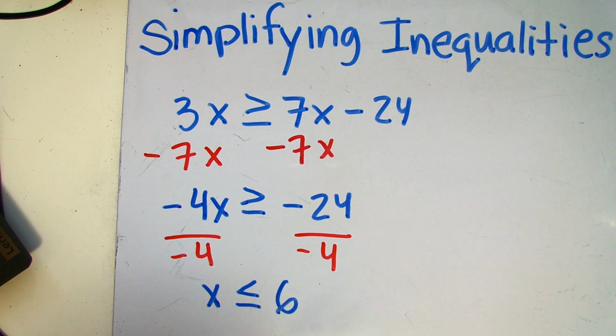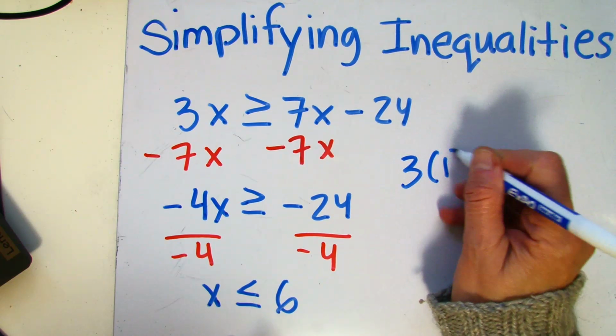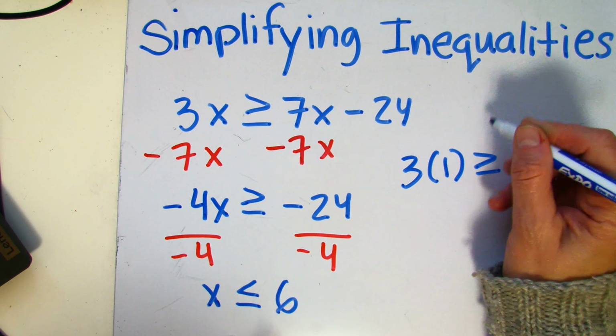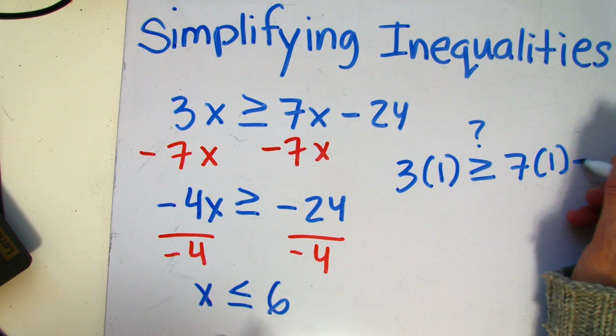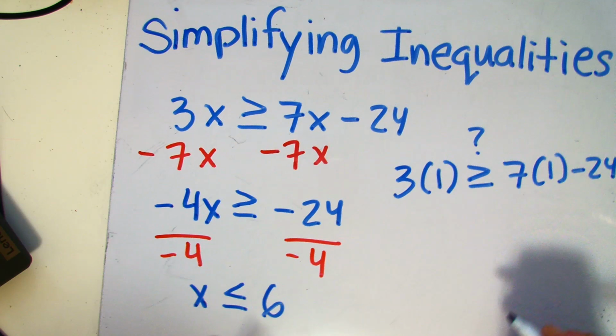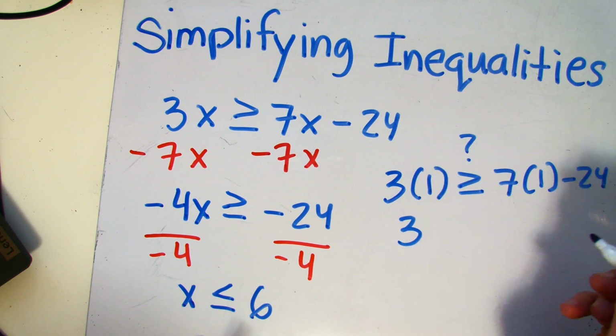So if we want to double check to see if this solution is correct, I want to choose a number that is less than 6 and plug it in. I'm going to choose the number 1. 1 is less than 6. So if I write 3 times 1, is that greater than or equal to 7 times 1 minus 24? This becomes 3.